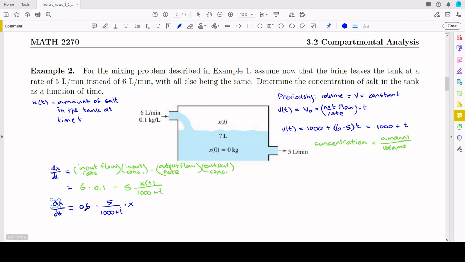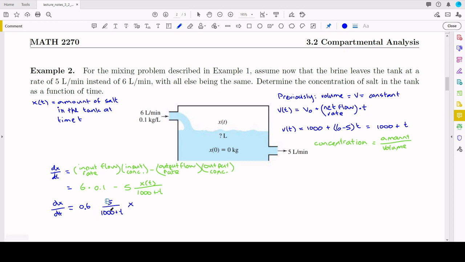Now let's take a moment and think about what type of differential equation this is. So what we have here is a linear differential equation.